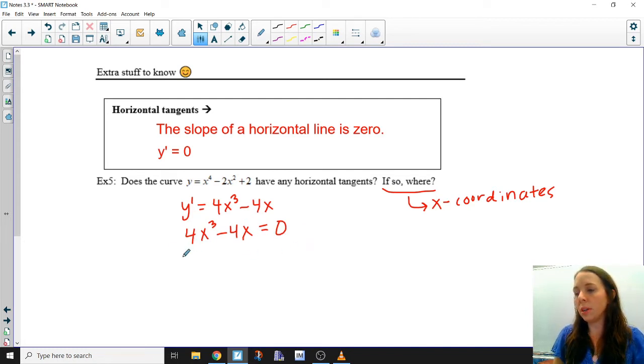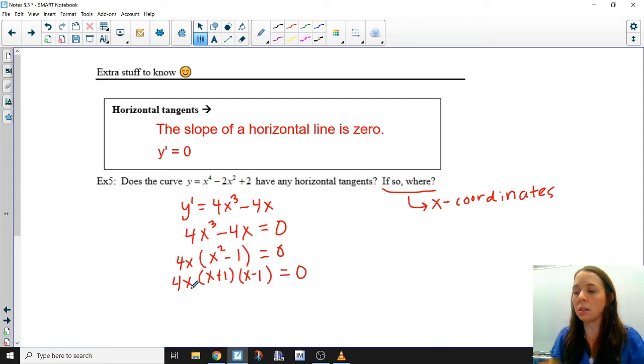This one's pretty easy to solve by factoring. Factor out a greatest common factor of 4x. If you want to continue factoring the x squared minus 1 into a difference of squares, that way you don't forget the plus or minus, you could do that. You could also solve by adding 1 and square rooting from this step.